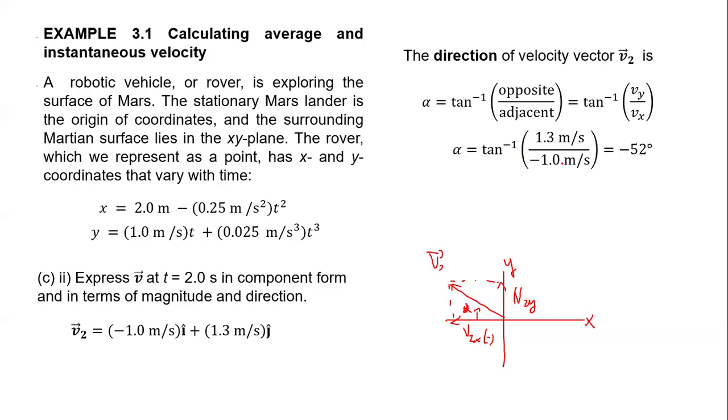So using calculations, we get negative 52 degrees. This one is north of west. So we have 52 degrees north of west.